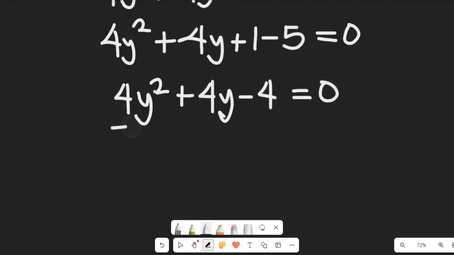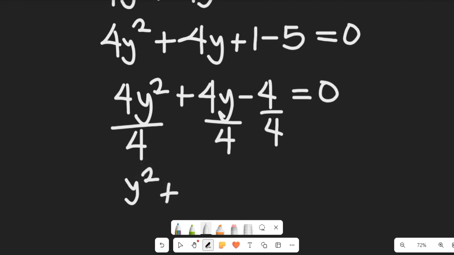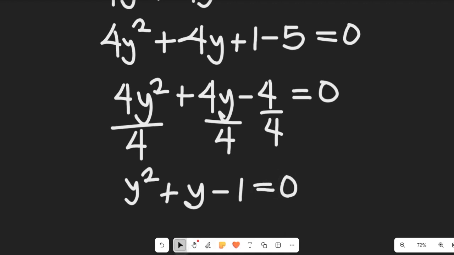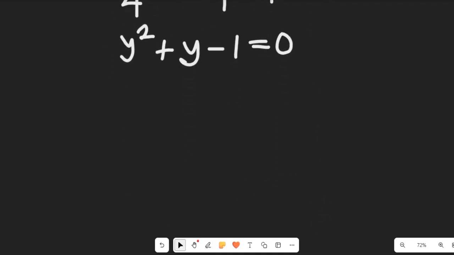Wow! Having 4 all through, we're going to divide through by 4. This is unique. So if we divide through by 4, this now becomes y squared plus y minus 1 equal to 0. And that becomes a quadratic equation.